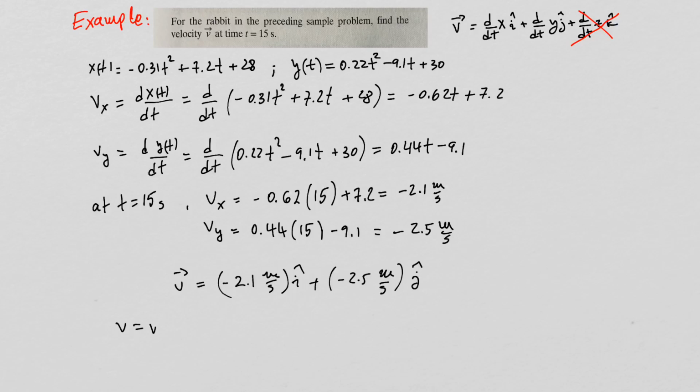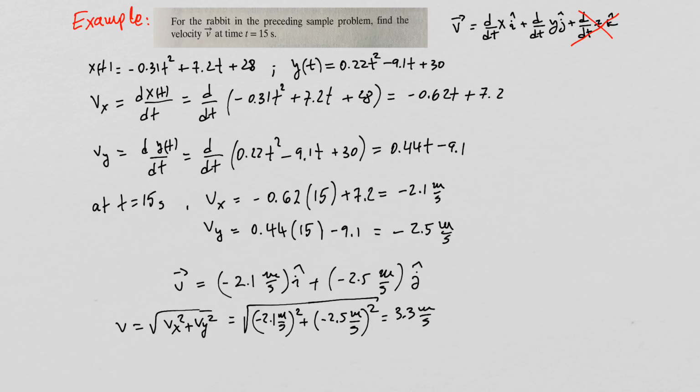So the magnitude is square root of Vx squared plus Vy squared. And so this will be a square root of minus 2.1 meters per second to the second power plus minus 2.5 meters per second squared. And that is equal to 3.3 meters per second.